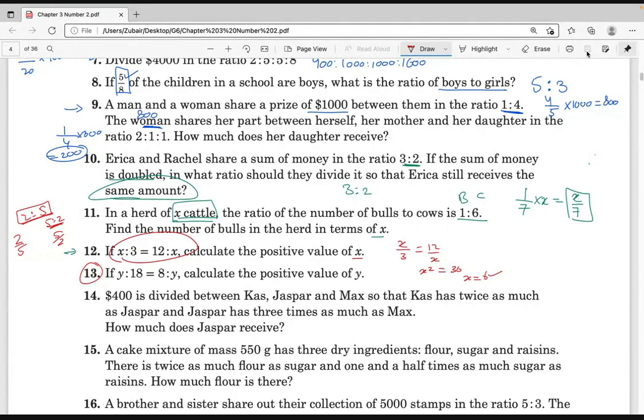Aris, almost. Okay, 12. We do 144 cube root. Very good.